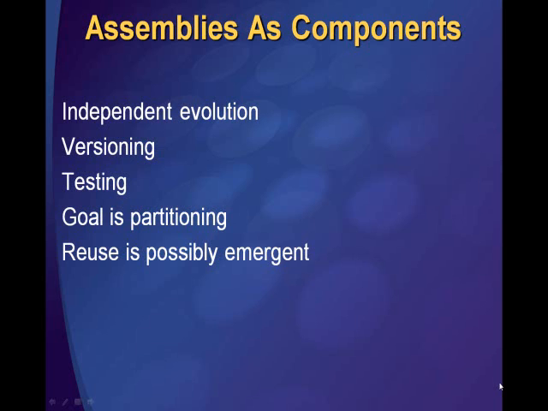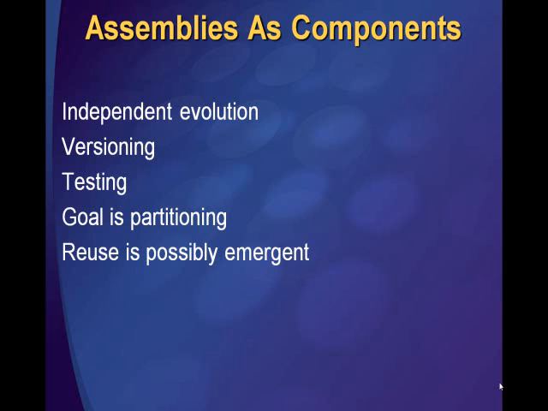When you divide your application into assemblies based on the appropriate logical design characteristics, we can then evolve these assemblies independently of each other. This introduces the idea of viewing assemblies or groups of assemblies as components that can be compiled and tested together. They can be versioned together as well.